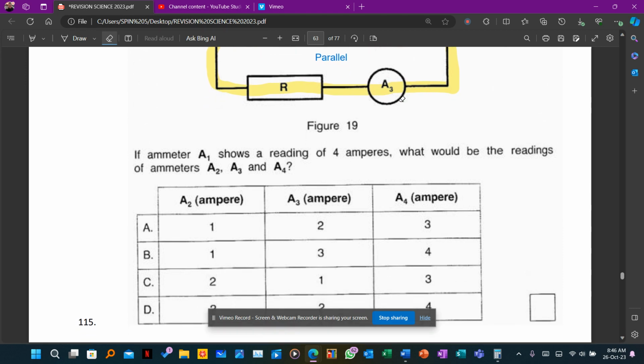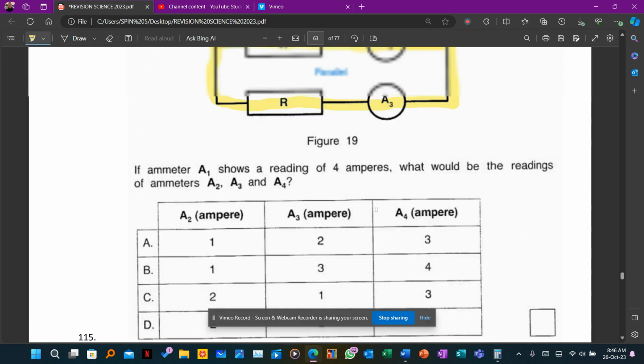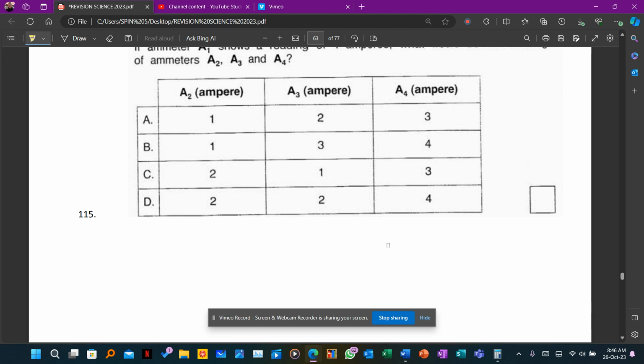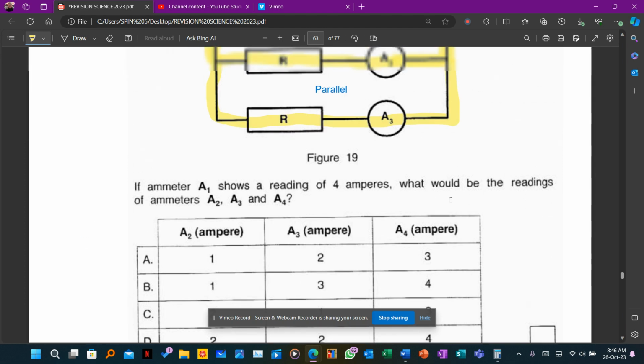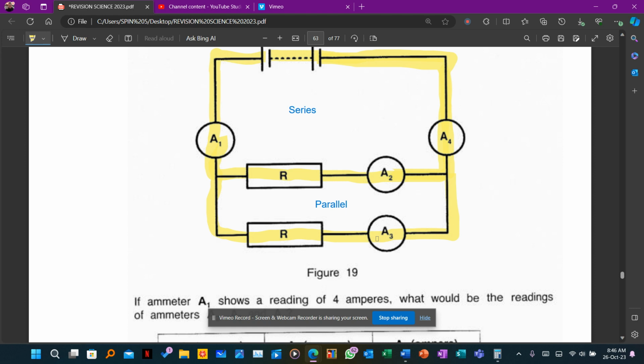If you look at the numbers, you can see that the total current A4 is 4, and then it equally divides into 2 and 2. So 4, 2, 2. A2 and A3 are 2. And once it goes back to A1, it becomes 4 again.